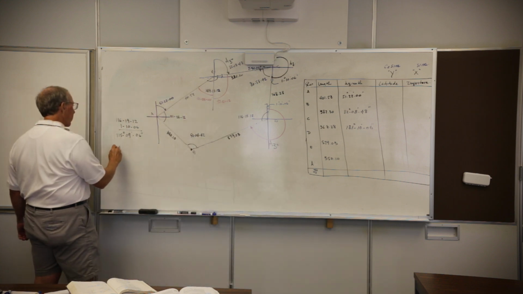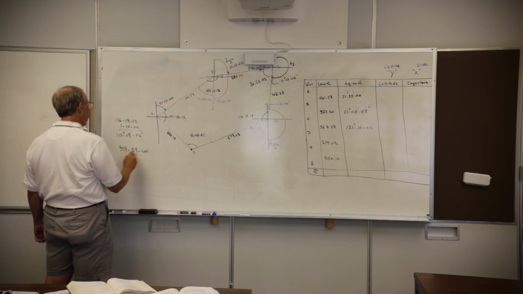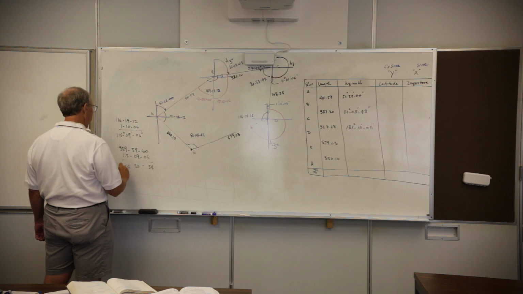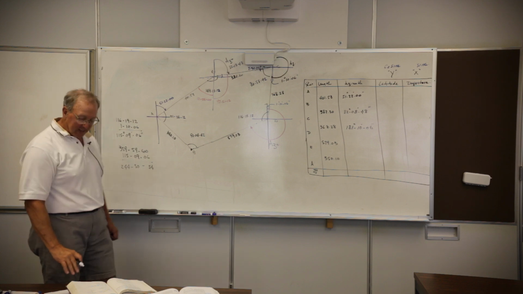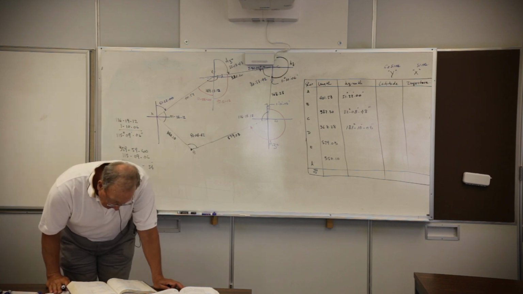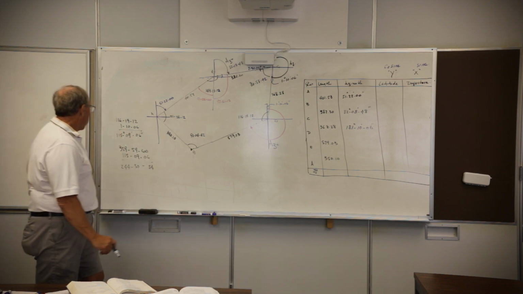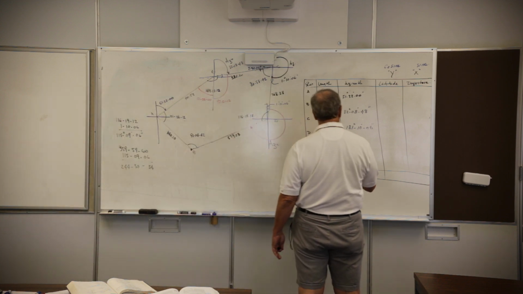So 360 minus that is 244, 50, 54. Okay, that's it. So that's the azimuth of line DE, 244, 50, 54.